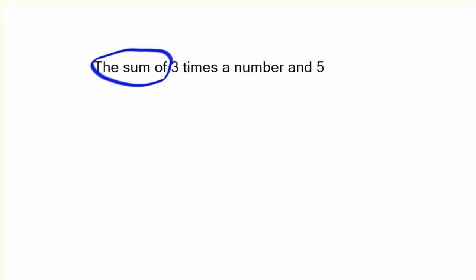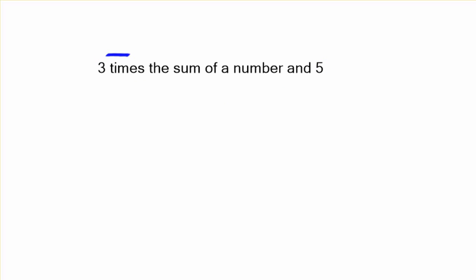Okay, the sum of, we're going to be adding 3 times a number, well, just make up some variable, and 5. The sum of 3 times a number, 3 times x, and 5. I think we're starting to get the hang of it. Now, this one's a little different. 3 times the sum of a number and 5.